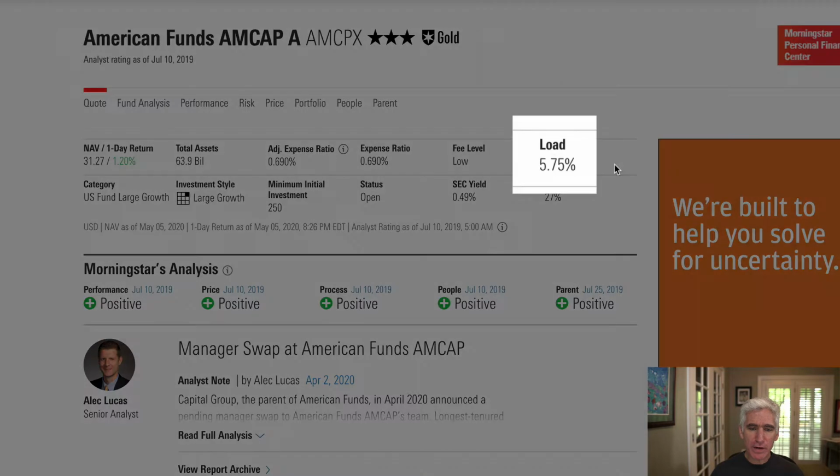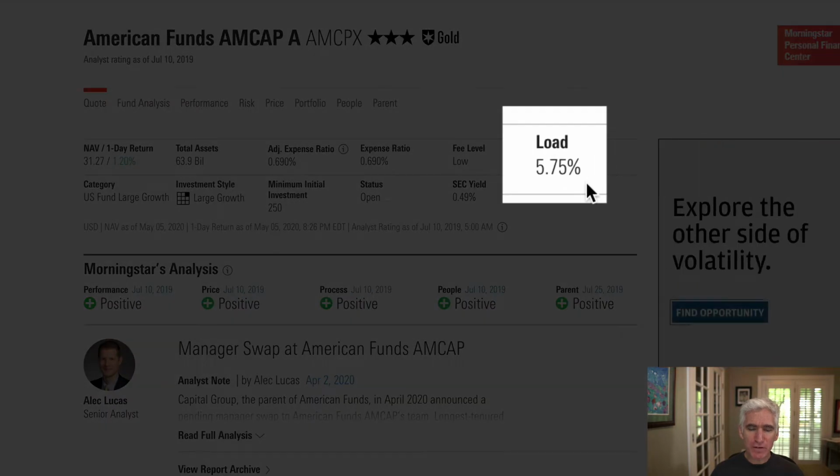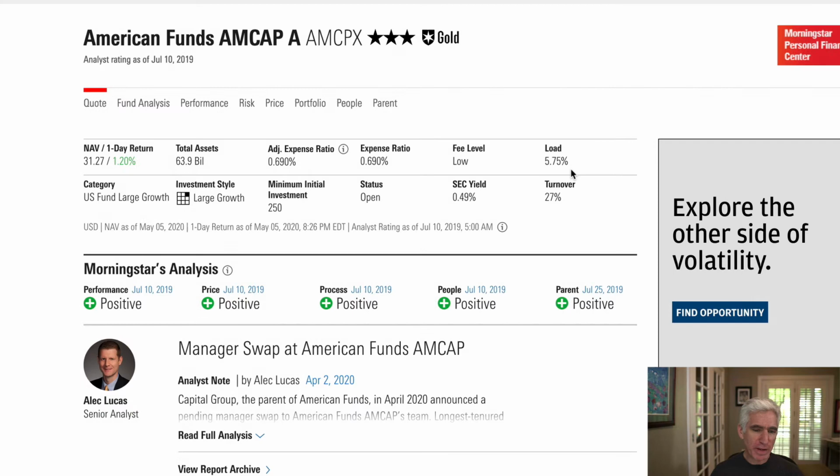And you can see it here, 5.75%, which means for every $100 you invest in this fund, you'll pay $5.75 of that money as fees to the mutual fund company. And that's going to come up in other ways, particularly when we look at the performance of a fund. And so we'll come back to that. So keep that idea of a load or a sales charge, a front-end load in mind.